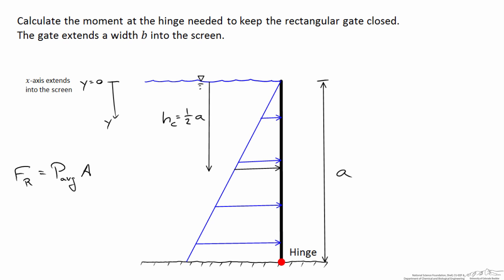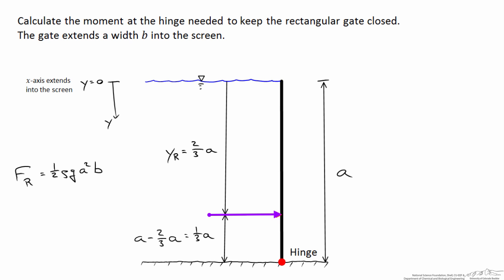And the average pressure in that case is simply its density times h. So here I've got rho of the fluid times hc times g times the cross-sectional area of the gate. And the cross-sectional area of the gate is simply the height of it times its depth into the screen, or in this case a times b. And if I plug in hc is equal to 1/2 a, I've got 1/2 rho g a squared b is the magnitude of the resultant force.